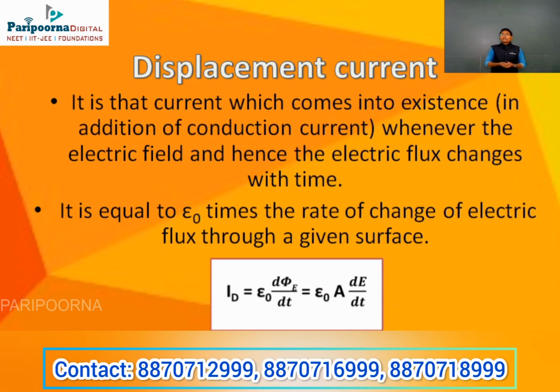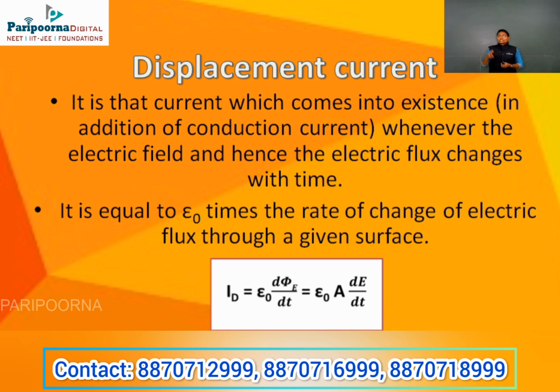Before that, we are going to see what displacement current is. It is the current which comes into existence, in addition to the conduction current, whenever the electric flux changes with respect to time.